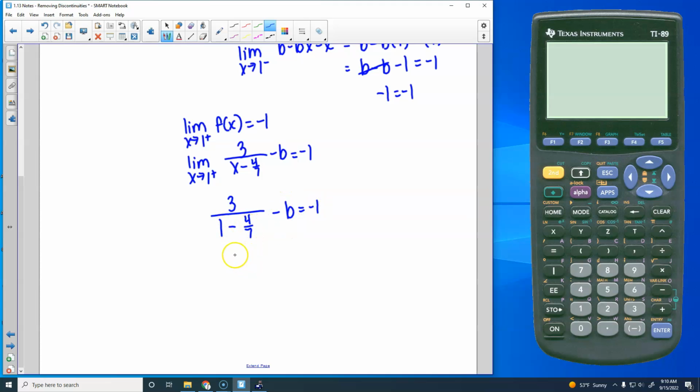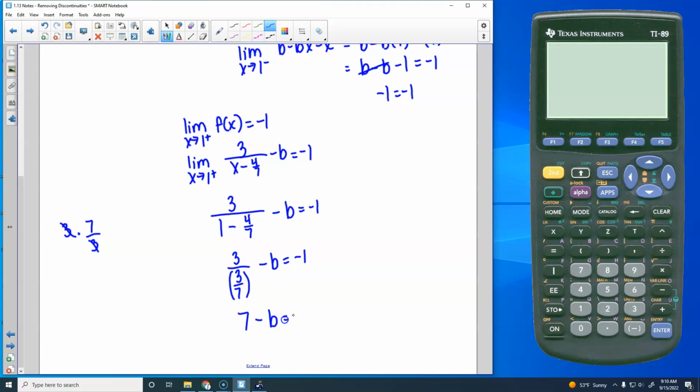What is 1 minus 4/7? 3/7. So 3 divided by 3/7, dividing fractions is easy as pie. Flip the second and multiply. 3's will cancel. We're just going to get 7 right there.